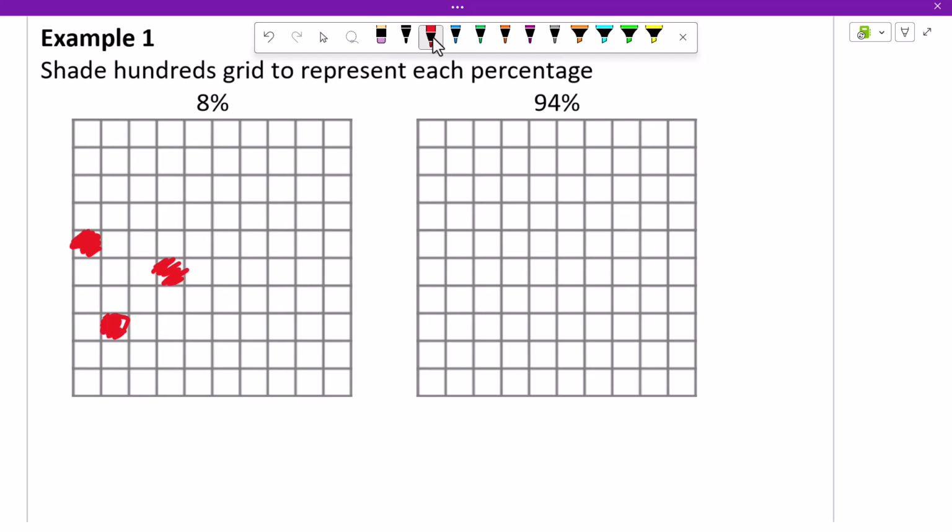And you're not wrong. If you do something like this because you're being cheeky, that means Mr. Dhaliwal is going to be cheeky with his marking. So if you're not fully shaded in, or maybe you miscounted because you're being cheeky, you're going to get marked less forgiving in my marking.